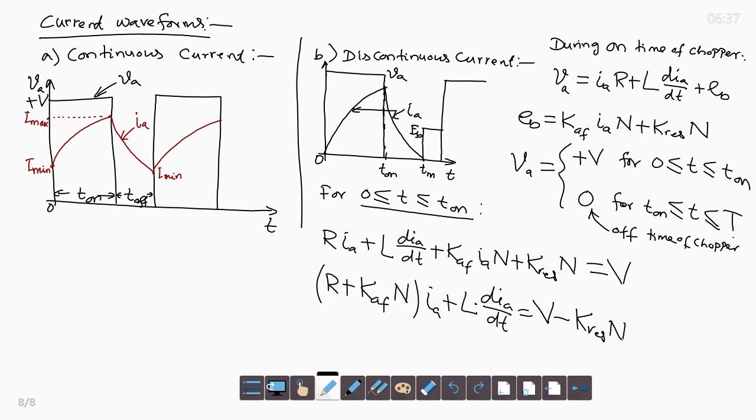At the extreme left you have the effective resistance, then this is the inductive voltage and this is the applied voltage. An RL circuit with a DC voltage applied to it, the DC voltage being V minus K residual into N.